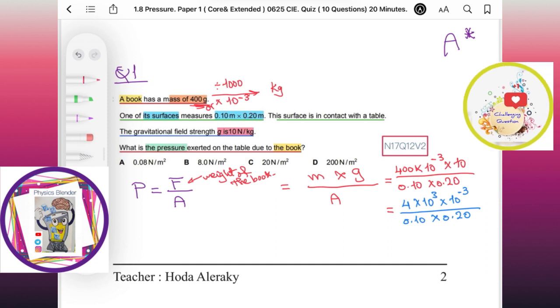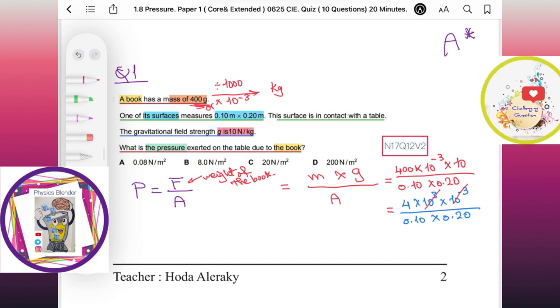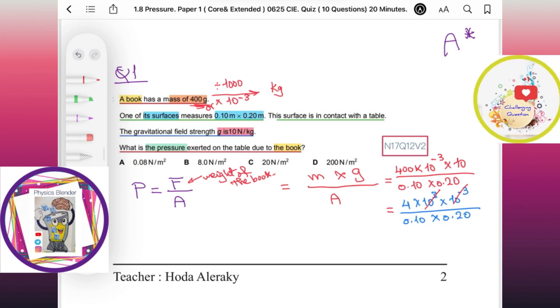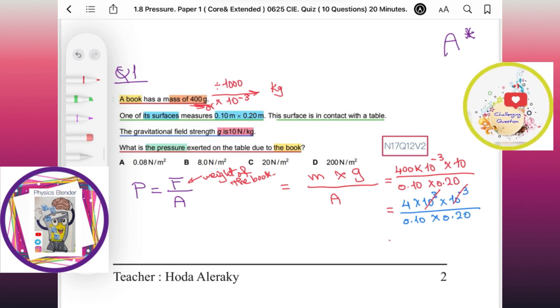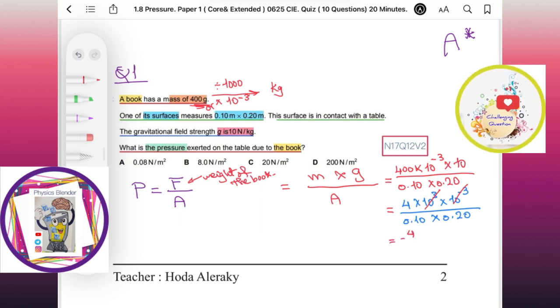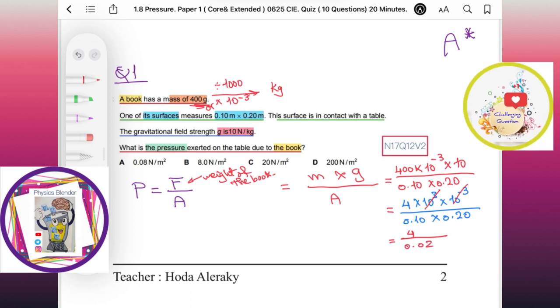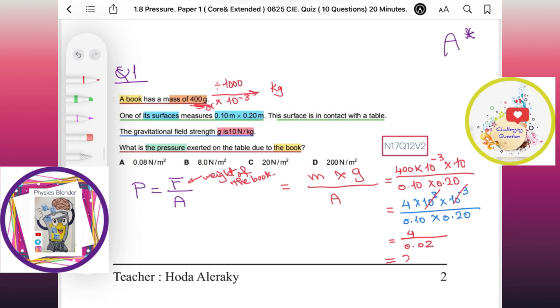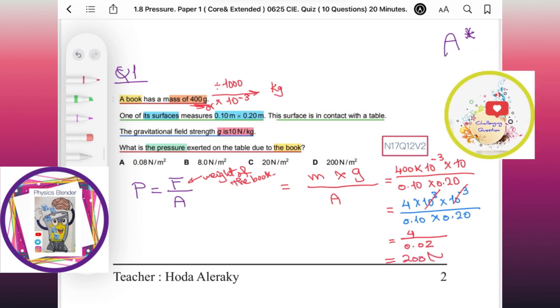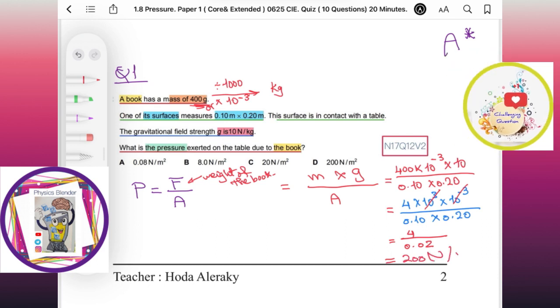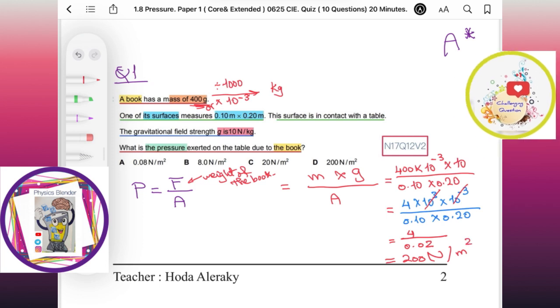It's clear here, you can cancel out 10 to the power of 3 and 10 to the power of negative 3. So your answer will be 4 divided by 0.02. Your final answer is 200 newtons per square meter.